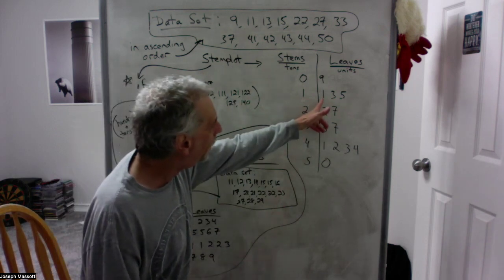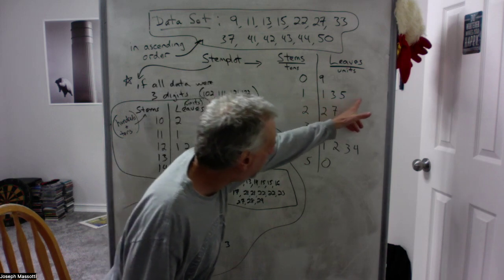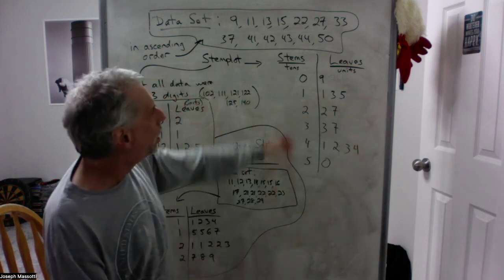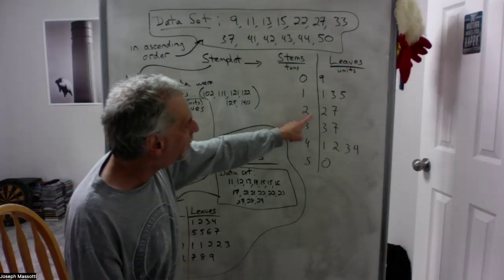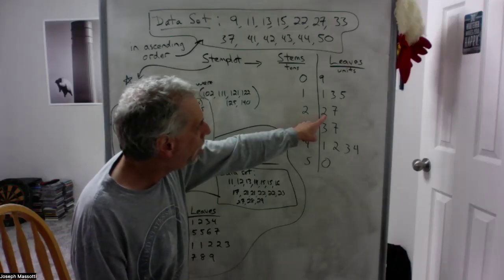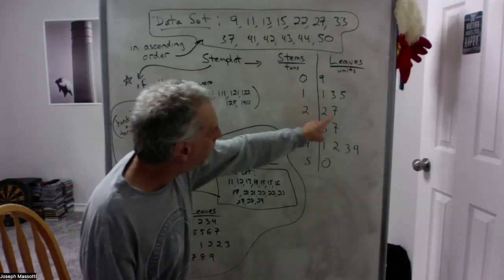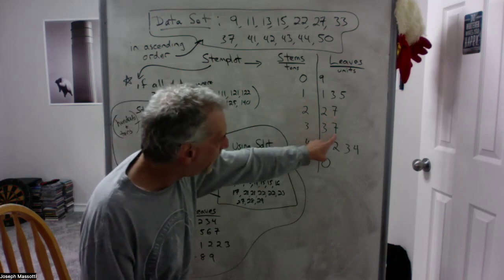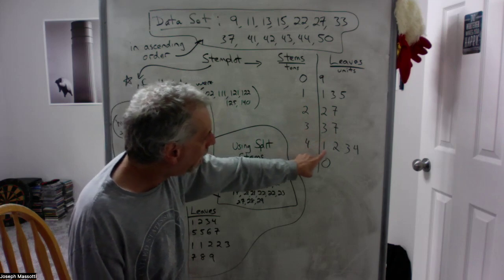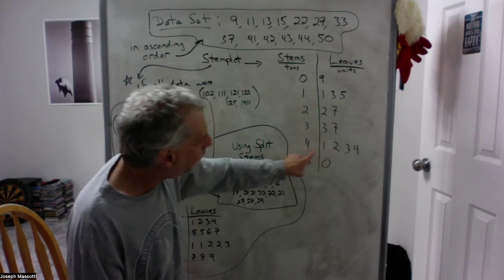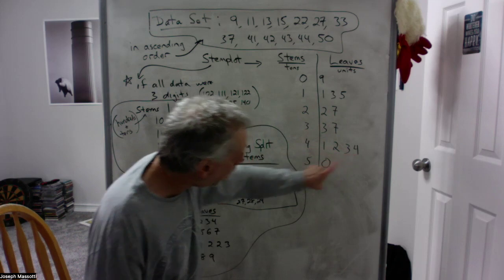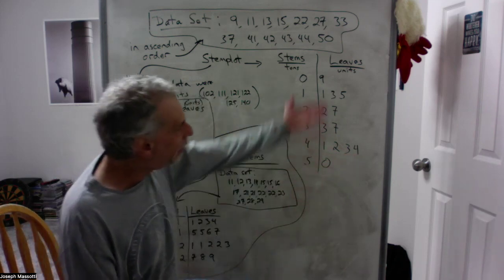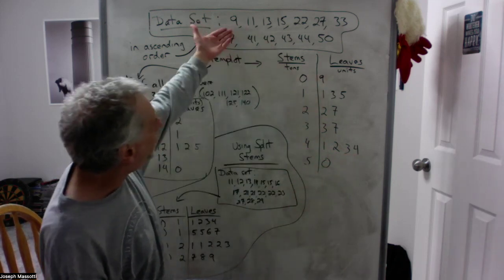You put the values here in ascending order as far as you need to go. We have 22, stem of 20, leaf is 2, 27, 33, 37, 41, 42, 43, 44, and 50. So this is a representation of this data set.